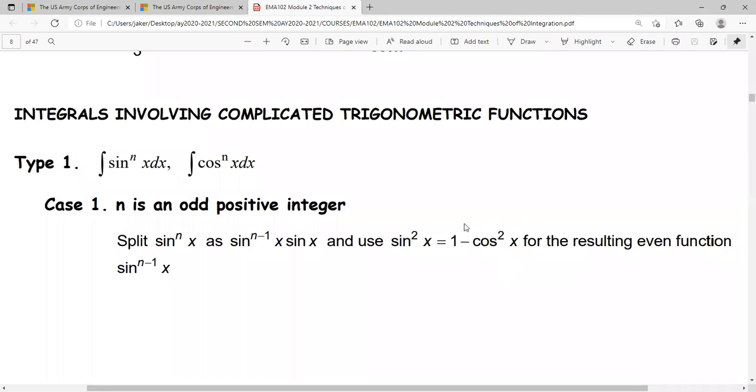Now, I think it's already a given that after you have transformed your sine squared of x to 1 minus cosine squared of x, you need to multiply it with the sine of x here, which you have set aside. This sine of x will stand for the derivative of the cosine of x here. And if it's multiplied to 1 minus cosine squared, then that's directly integrable.